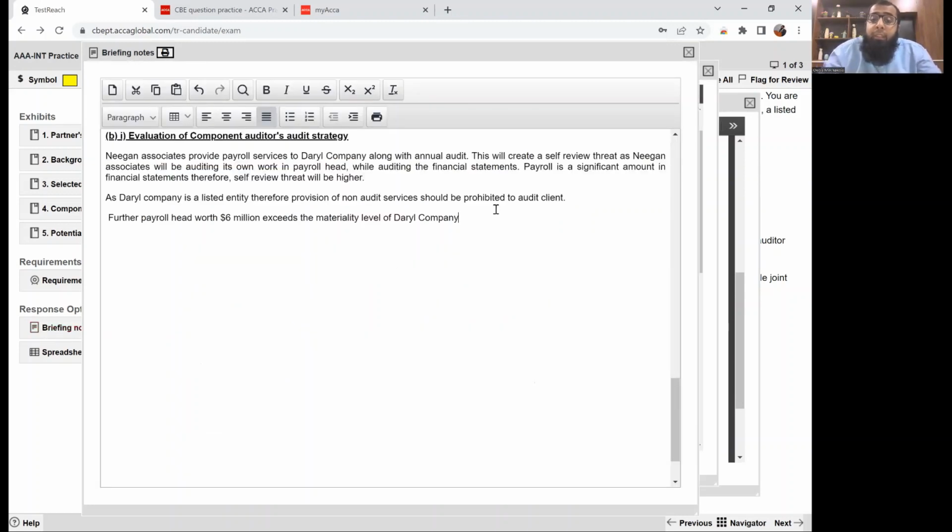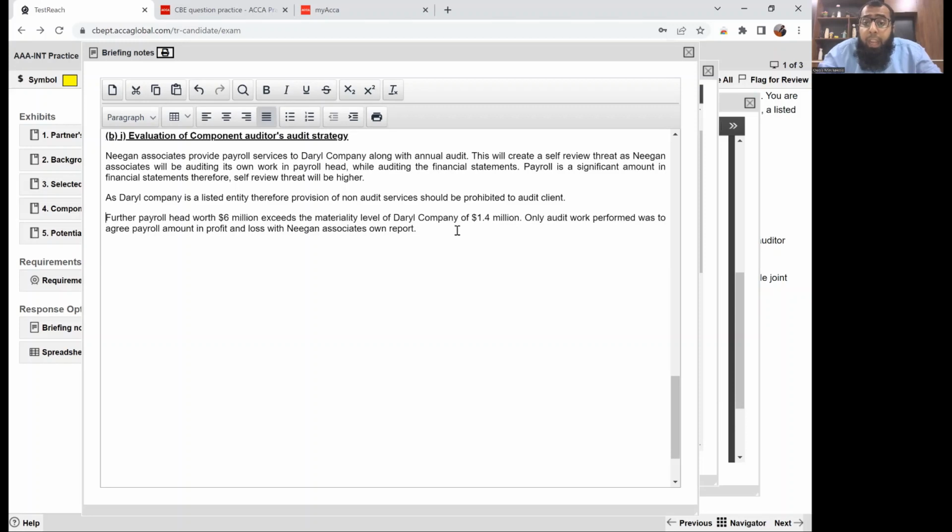So this head is material to FS. The only audit work performed was to agree payroll amount in profit and loss with Negan Associates' own report. Now this means that no audit work was performed.